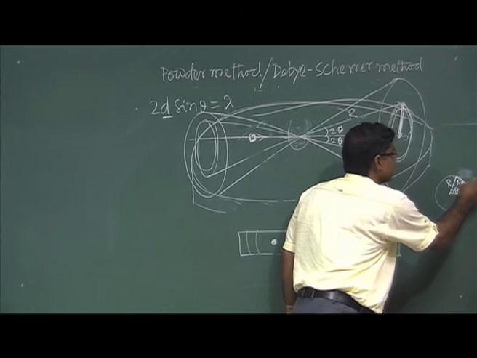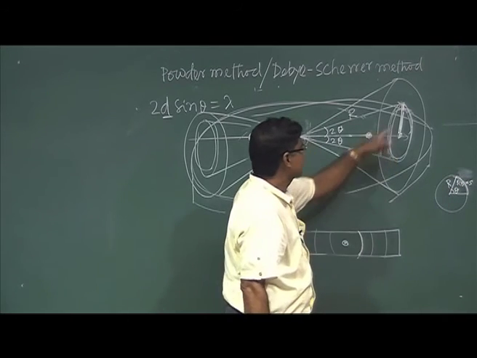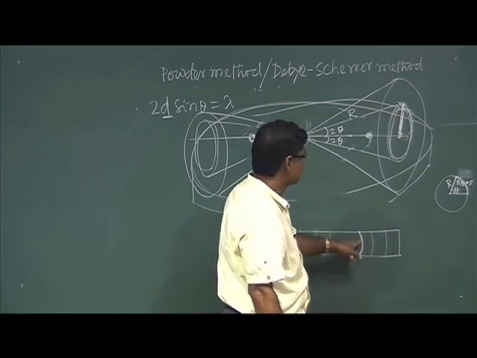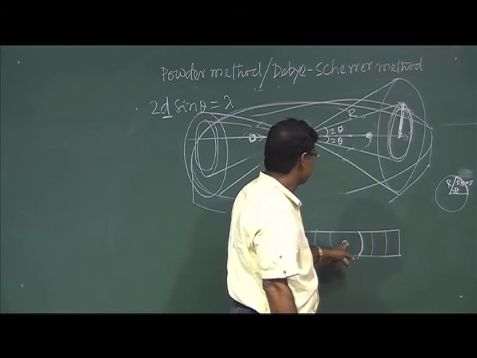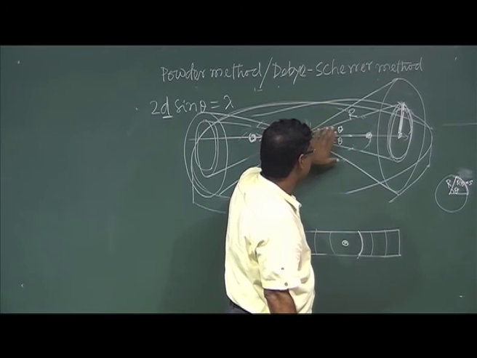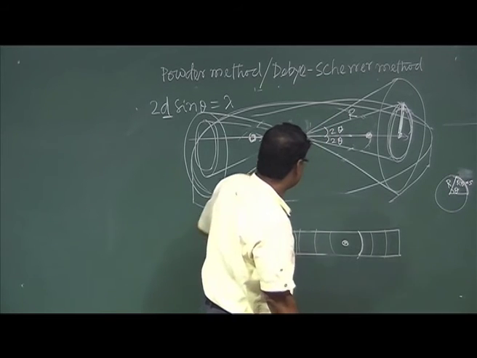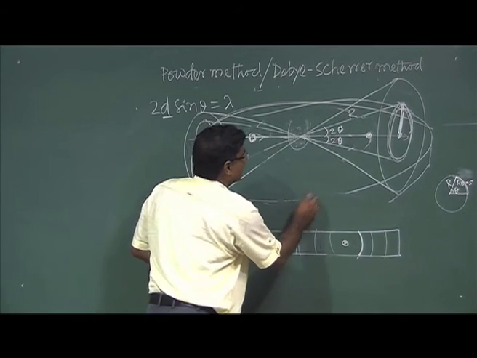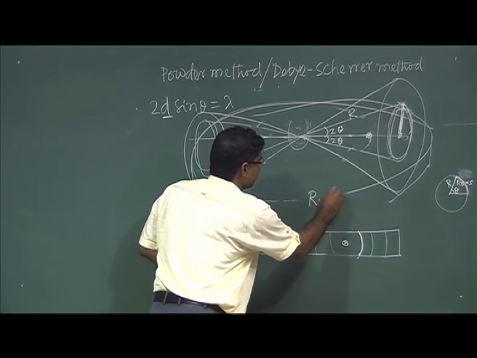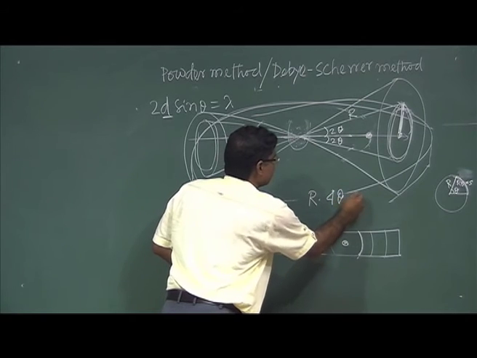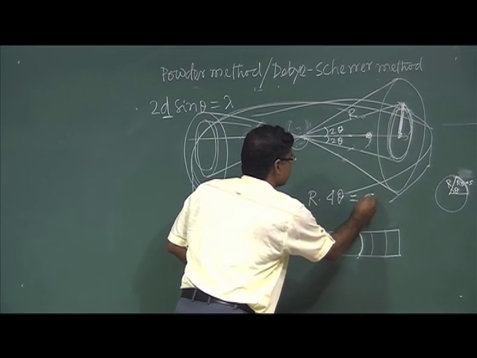If I write this arc as s, and this radius as r, then from here you can find the relation that r into 4 theta will be s.